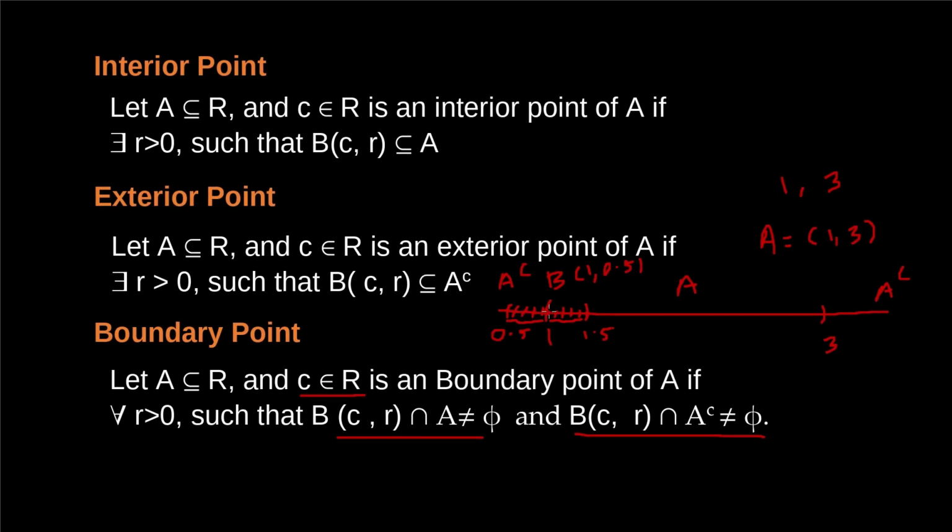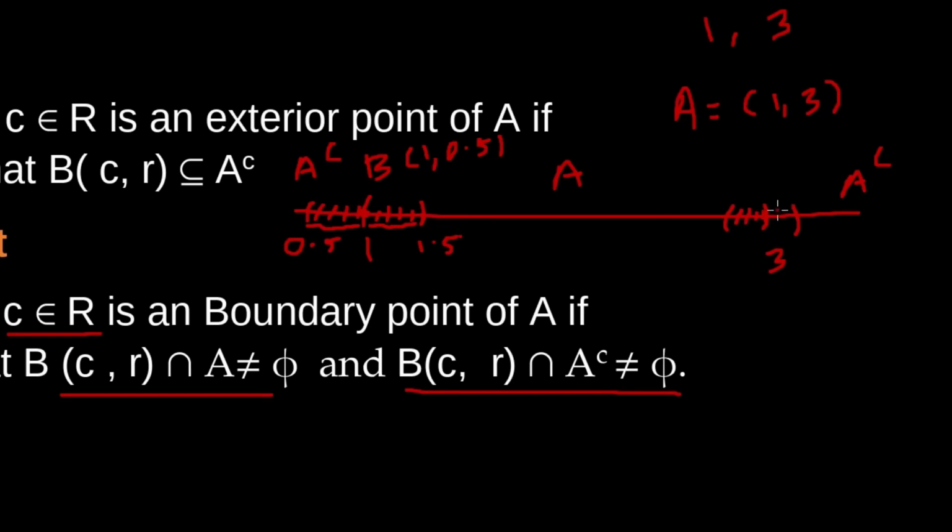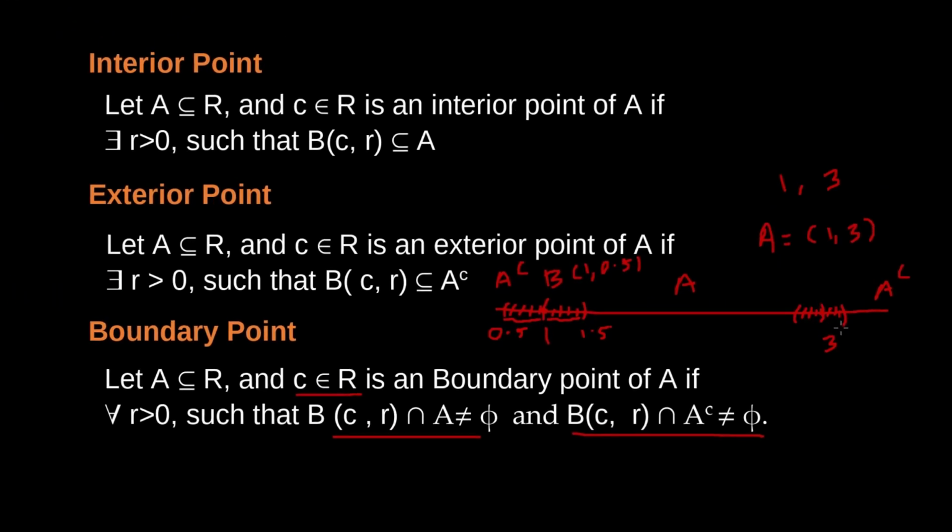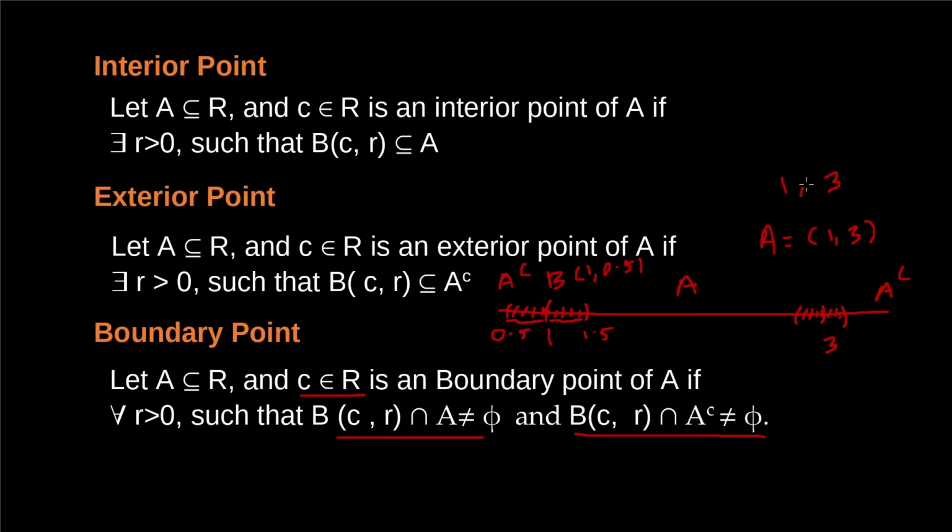So we can say that the point 1 is a boundary point of set A. In the same way, the point 3 is also a boundary point of set A, because each and every ball with center 3 has a non-empty intersection with set A and also with A complement. So these points 1 and 3 are the boundary points of this set A.